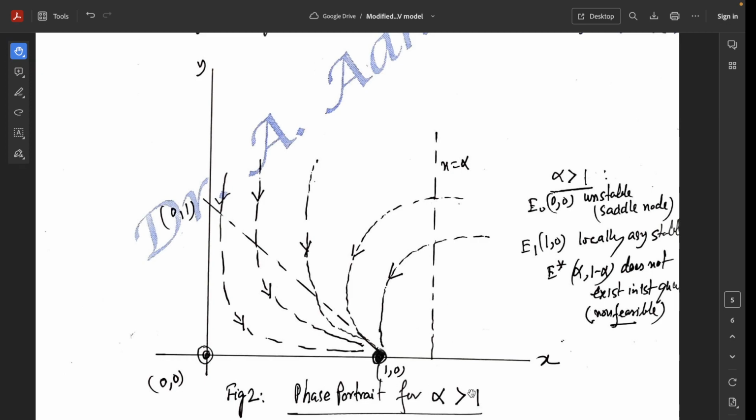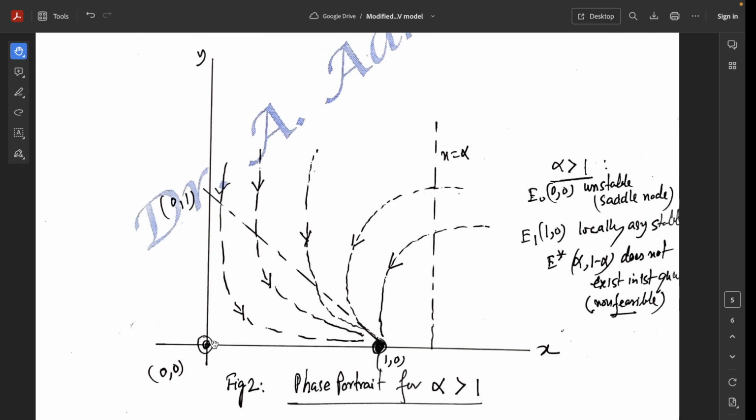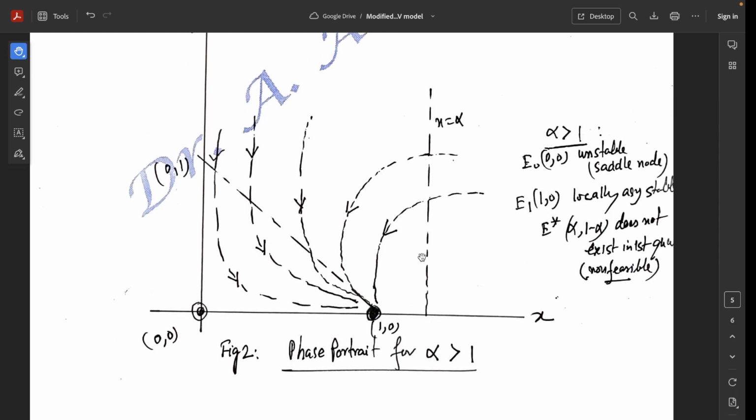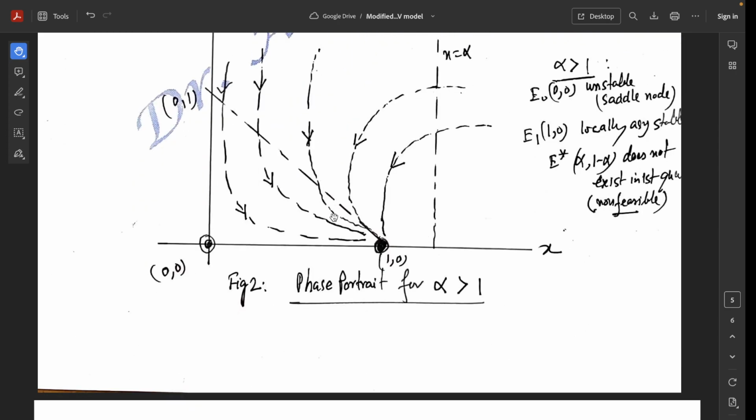In the phase portrait, clearly E00 is an unstable saddle node, and E10 is obviously locally asymptotically stable. The coexistence state E star (alpha, 1 minus alpha) does not exist for this case, which is non-feasible here. Actually, E star (alpha, 1 minus alpha) lies in the fourth quadrant, where this straight line and this straight line intersect, so it is not feasible here.